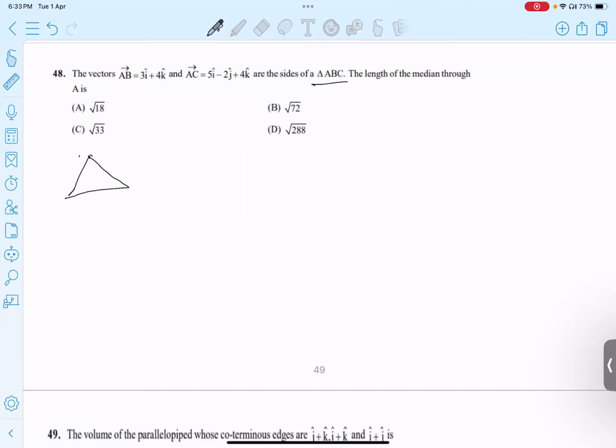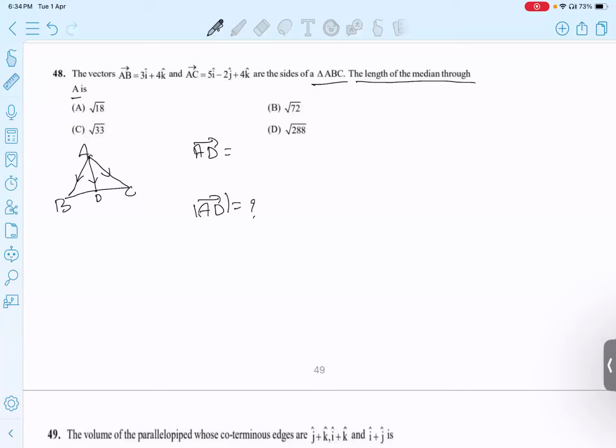If ABC is a triangle, then they have given AB vector as well as AC vector. We have to find the length of the median through A. Let me denote the foot of the median as D. Then we were supposed to find the D vector, and we just have to find the magnitude of the D vector.